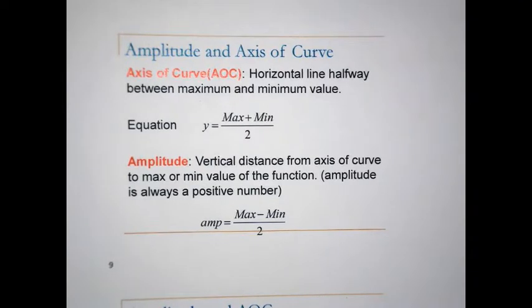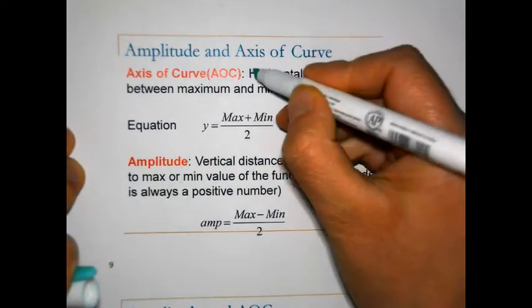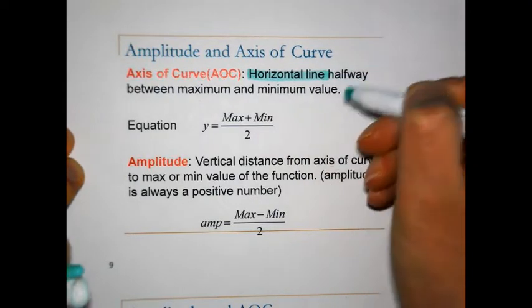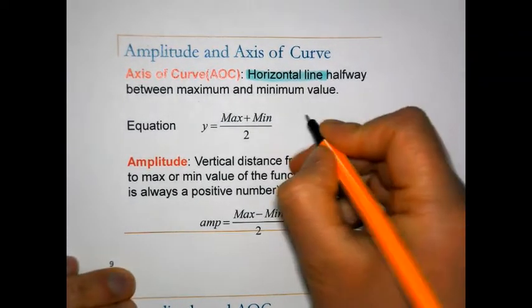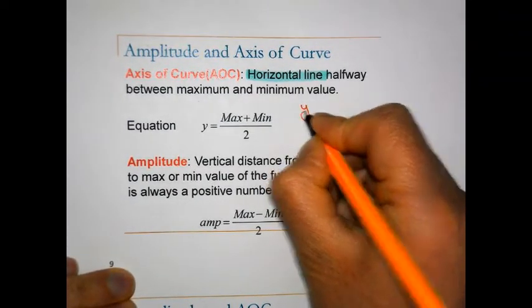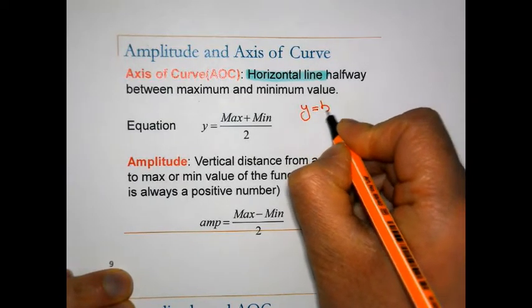Now, it is a horizontal line, so when you want to write the equation of a horizontal line, you write it in the form of y equals a number, okay?